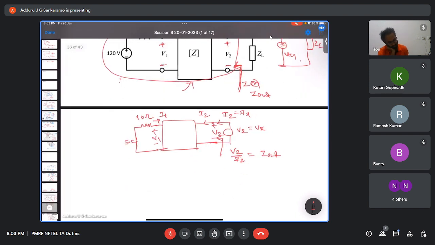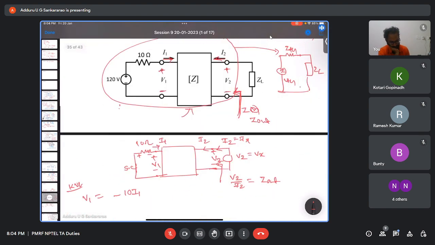So Z out is nothing but V2 by I2. Now in the input loop, if I apply KVL at the input side, what is V1? V1 is nothing but minus 10 into I1. Is that okay?